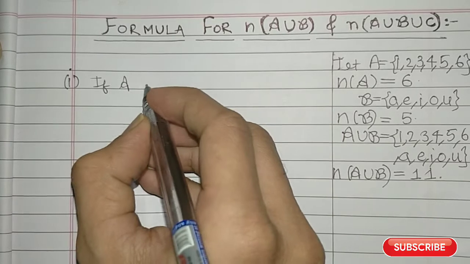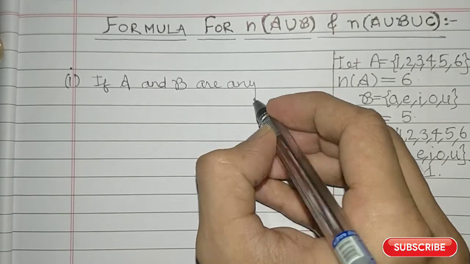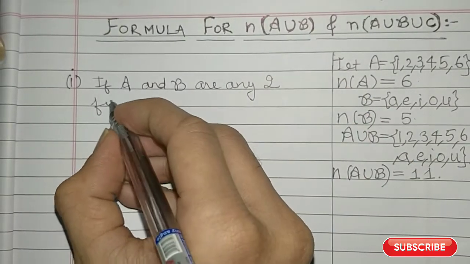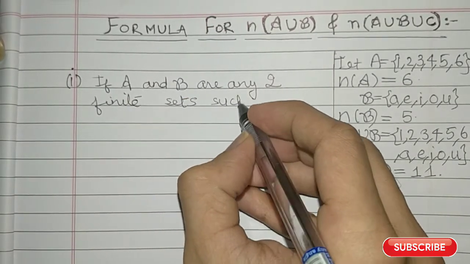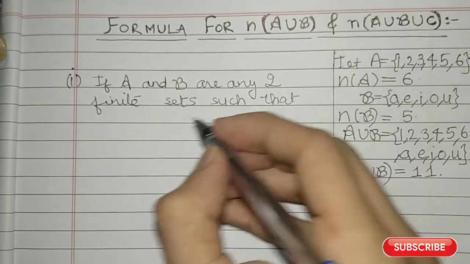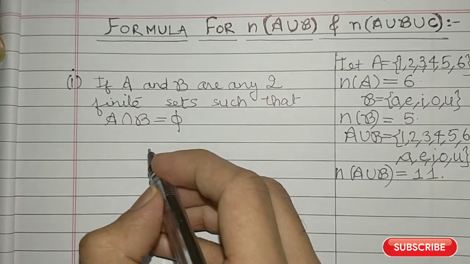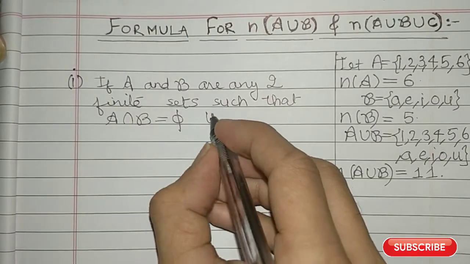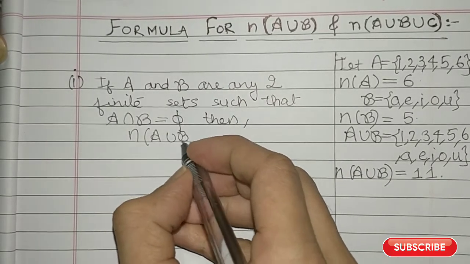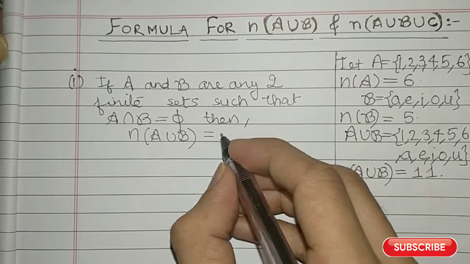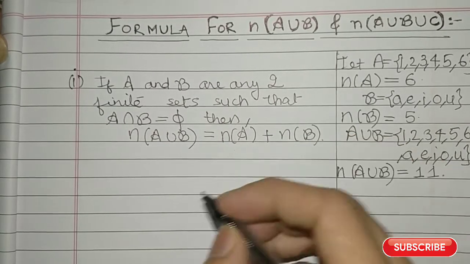If A and B are any two finite sets such that A intersection B is empty, that is, there are no elements in A intersection B, then the number of elements in A union B will be equal to the number of elements in A plus the number of elements in B.